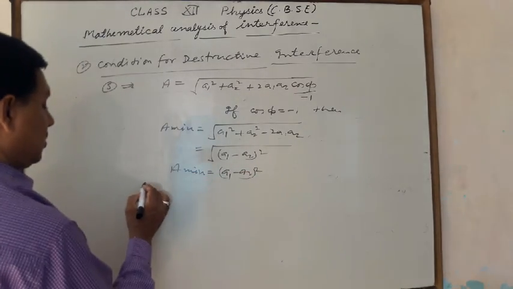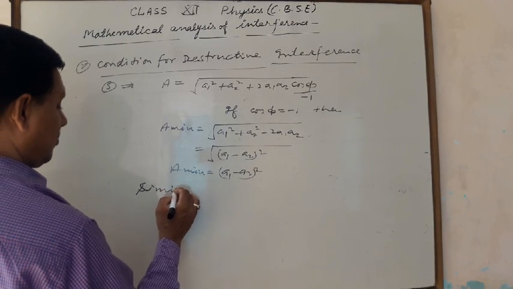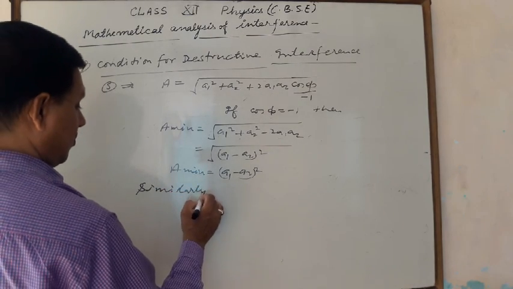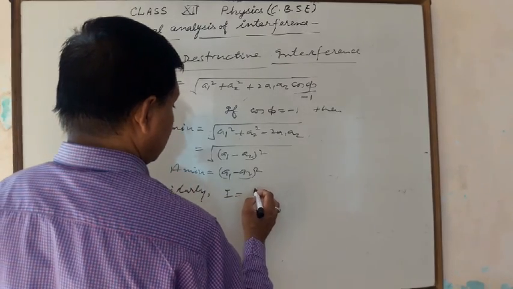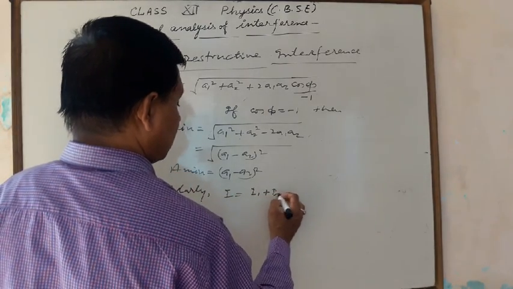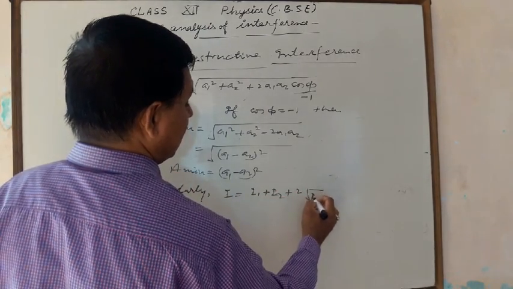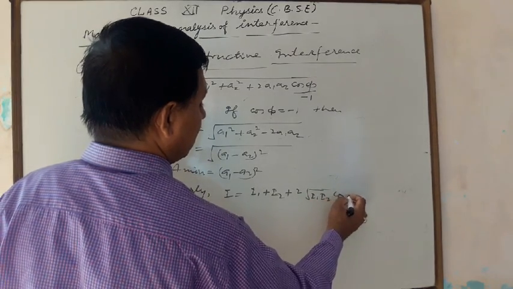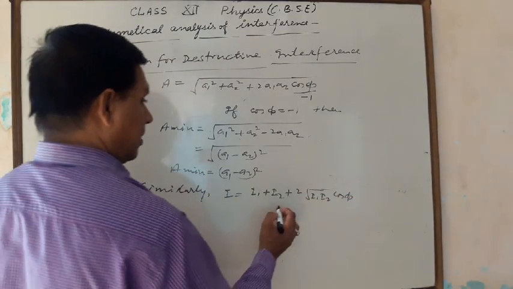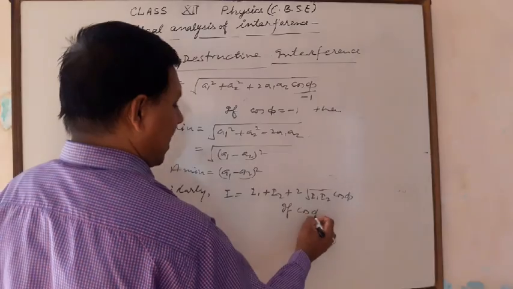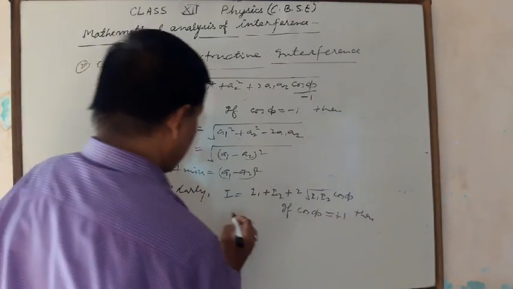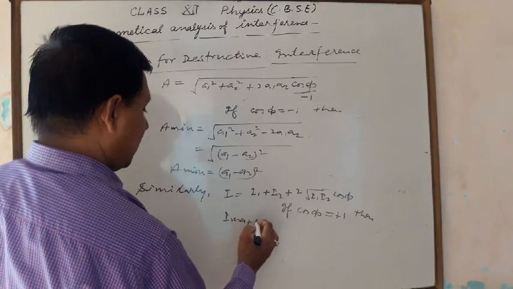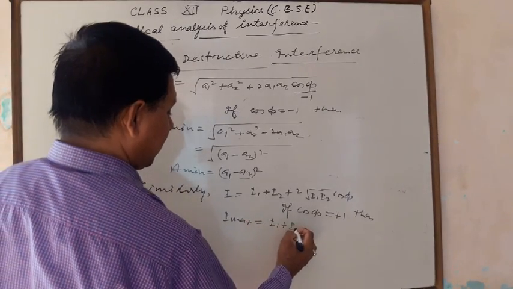Similarly, I is equal to I1 plus I2 plus 2 under root I1 I2 cos phi. If cos phi is equal to plus 1, then I becomes maximum, equal to I1 plus I2.